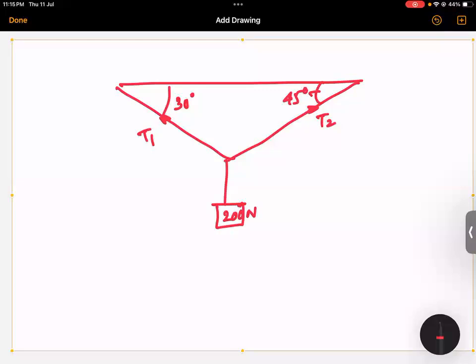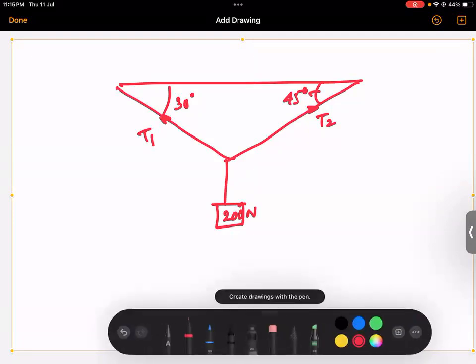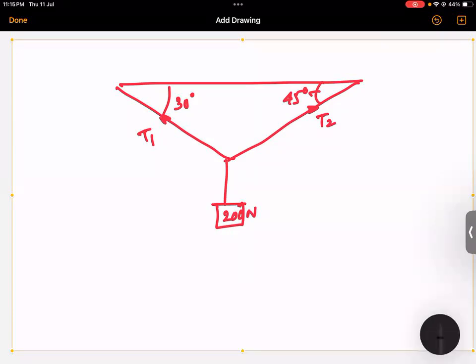So long we had been finding out tension. The question is: find tension T1 and T2.